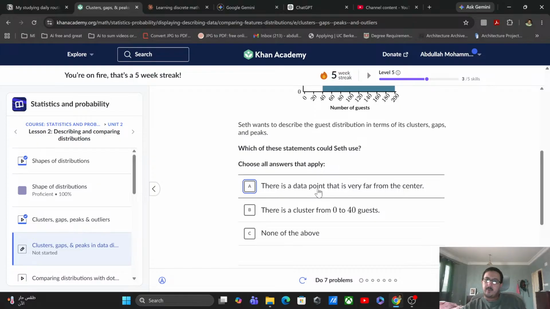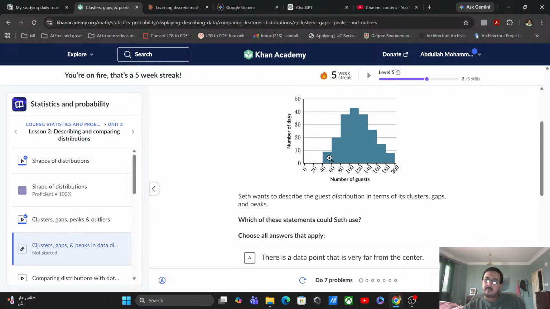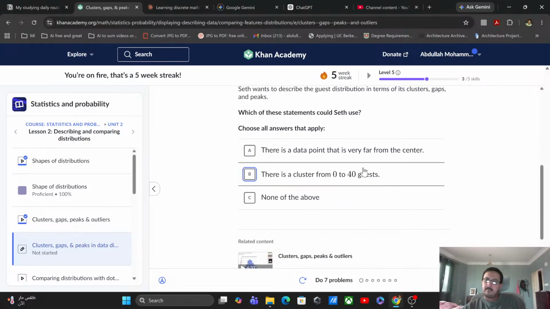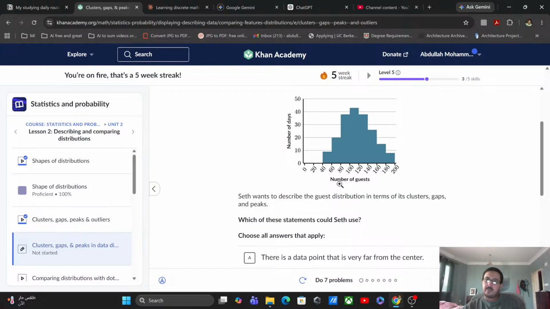There is a data point that is very far from the center. I don't think so. There is a cluster from 0 to 40 guests.